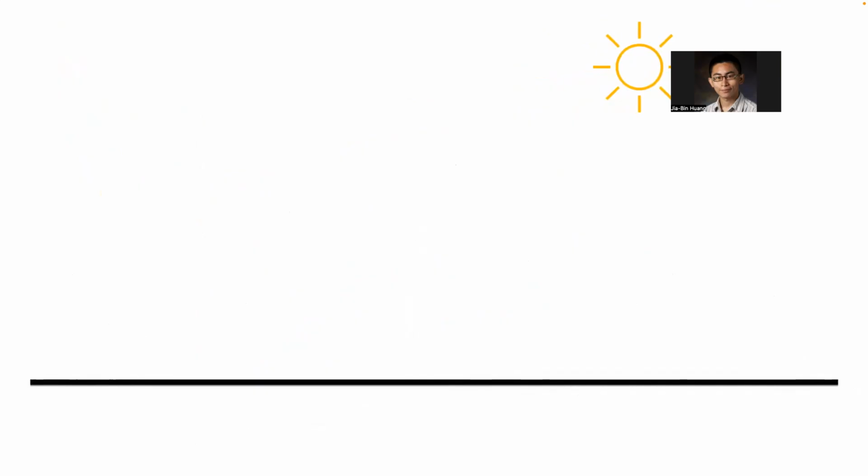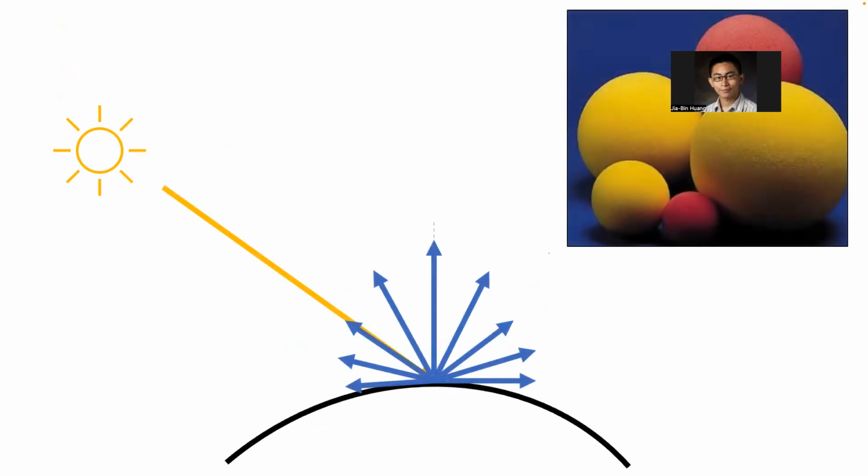So we said that the light we see reflects everywhere, and therefore from different viewpoints, you see the same color, the same intensity.